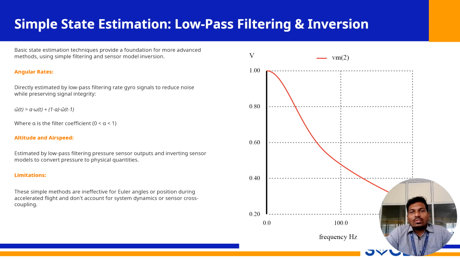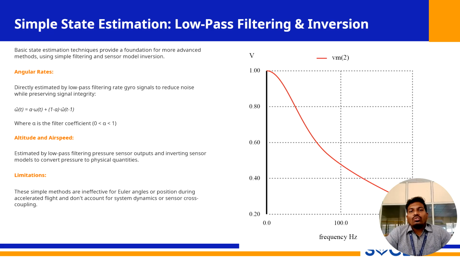The sensor gives us a measurement of pressure, but the autopilot needs to know the altitude in meters and airspeed in meters per second. This inversion process is simply applying a physical model like the barometric formula or Bernoulli's formula to convert the clean pressure reading into useful physical units that the control system can act upon.